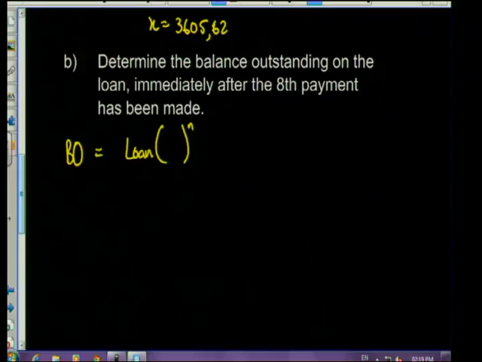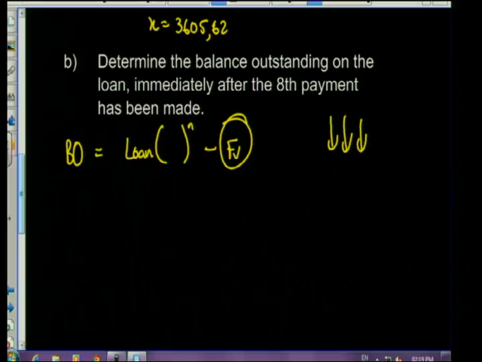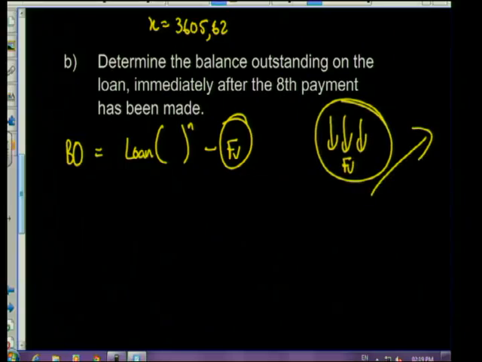So the loan is growing as if you've never made any payments, minus the future value, because you're going to be making all these payments all the time. They're going into an account and into an account and into an account. If it was a separate account, that grows, and that actually is a future value annuity because it's growing up to some total. So you minus the future value annuity amount for all of those payments.